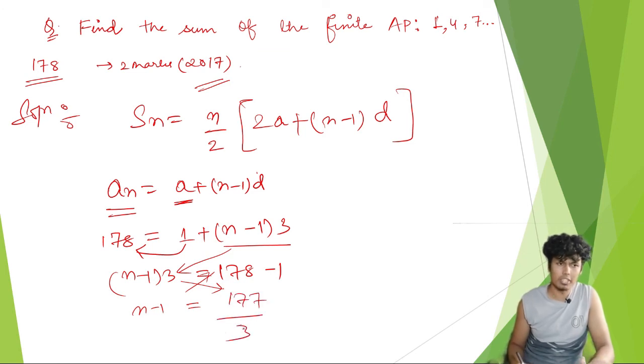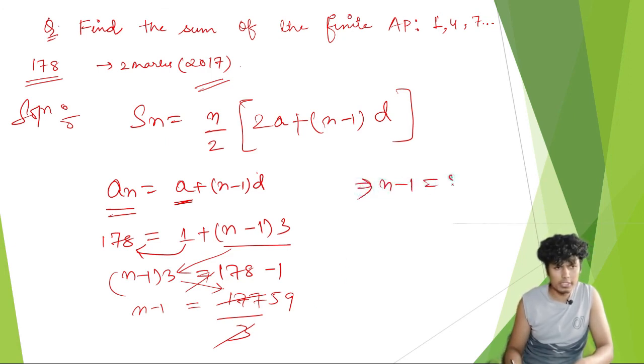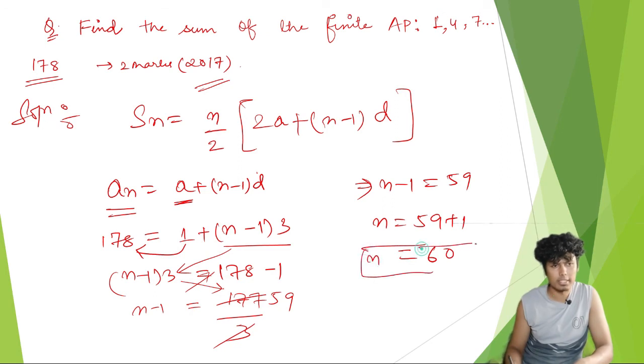Can we divide this number by 3? Let's try it out. 3 5s are 15, 3 7s are 21, 3 9s are 27. So it is 59. So n minus 1 is equal to 59, so n is equal to 59 plus 1, which is 60.